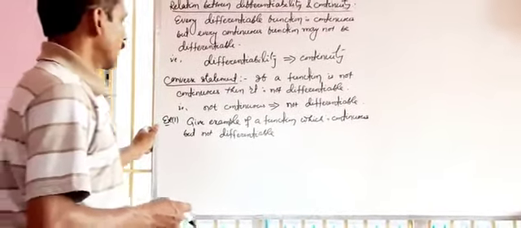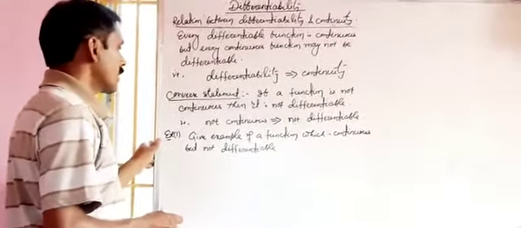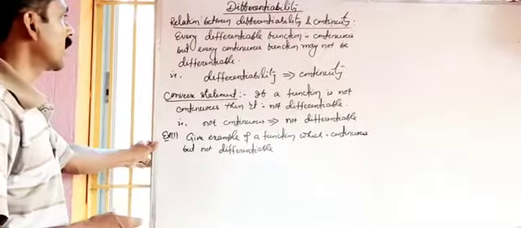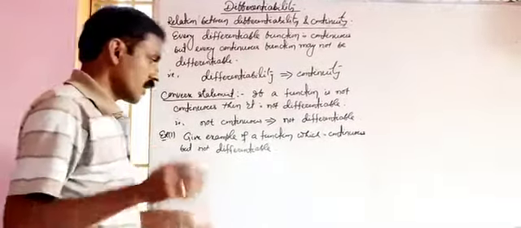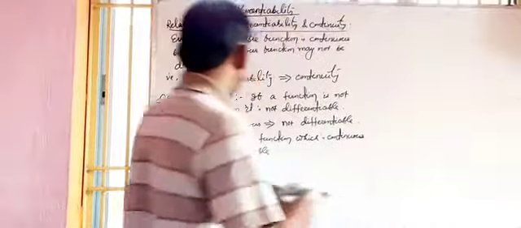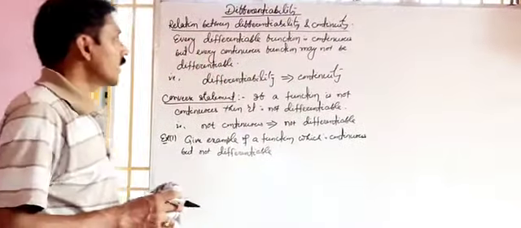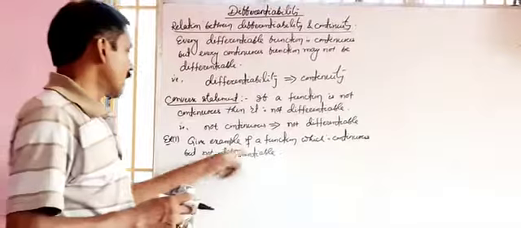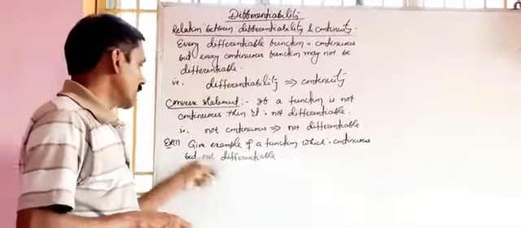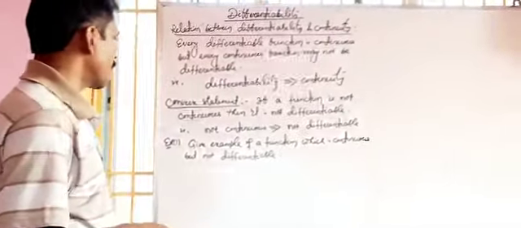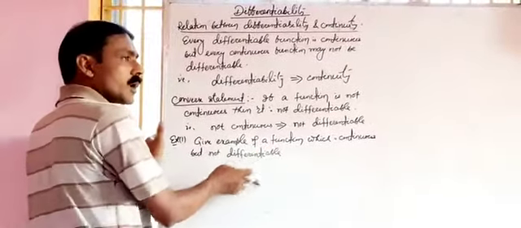Give an example of a function which is continuous but not differentiable. First, wait. First we will prove that differentiability implies continuity. Then we will prove this: give the example of a function that is continuous but not differentiable.